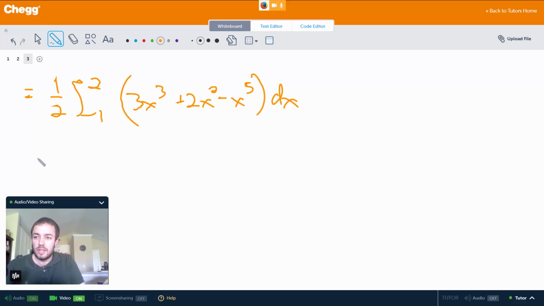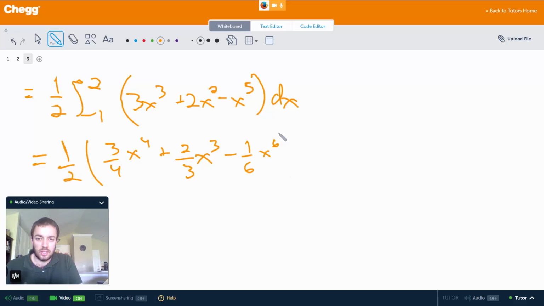Now it's pretty much just a standard calculus 1 type integral, but with a lot of messy algebra. So this is 1/2 times 3/4 x to the 4th plus 2/3 x cubed minus 1/6 x to the 6th. And we're evaluating from x equals -1 to x equals 2.